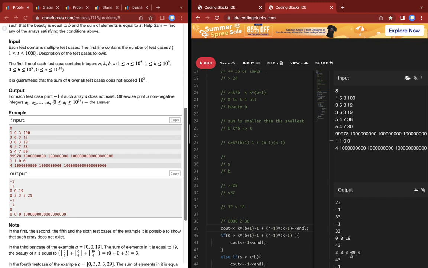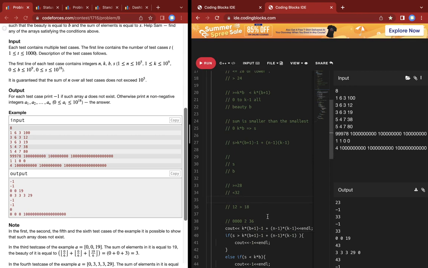33 तो कैसे जाएंगे? 18, 18 plus 5 plus 5 plus 5 नहीं, 18 plus 5 plus 5. अच्छा 18 में भी तो और ऐड हो सकता है, 4 ऐड हो सकता है, 22 plus 5 plus 5 is 32.